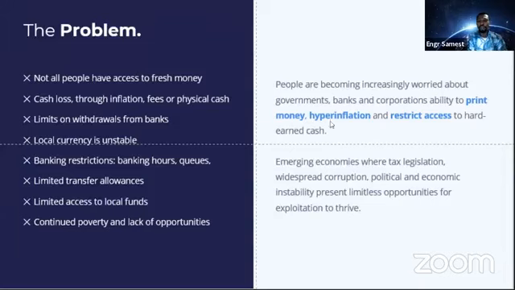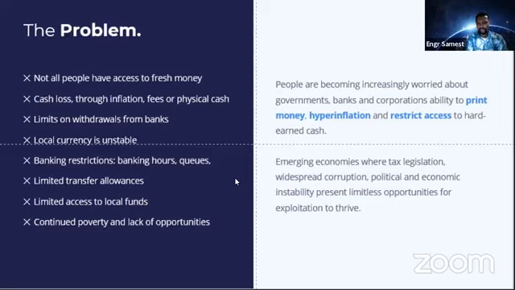Yeah, so people are becoming increasingly worried about governments. They begin to worry about banks. They begin to worry about corporations' ability to print money, hyperinflation, and restrict assets and cash. So these are the things that people begin to worry and be anxious about.